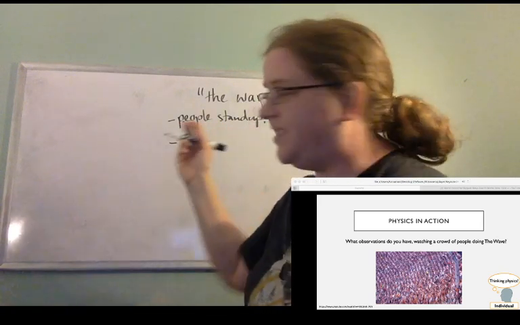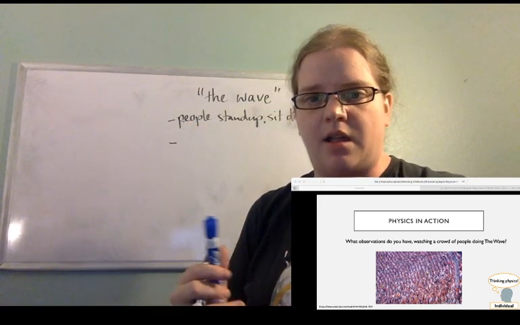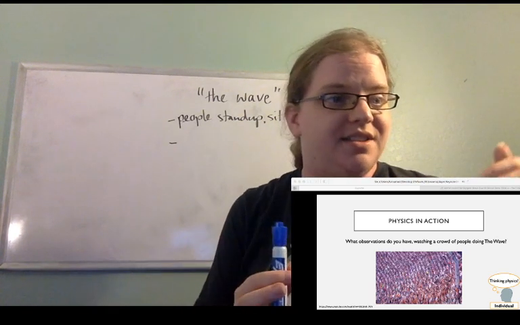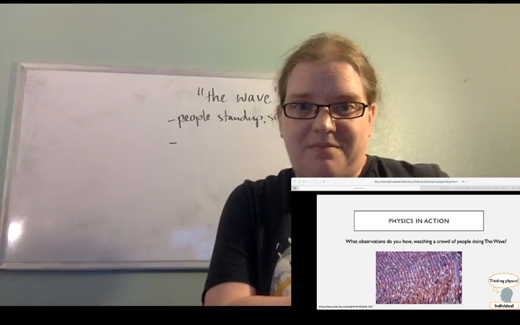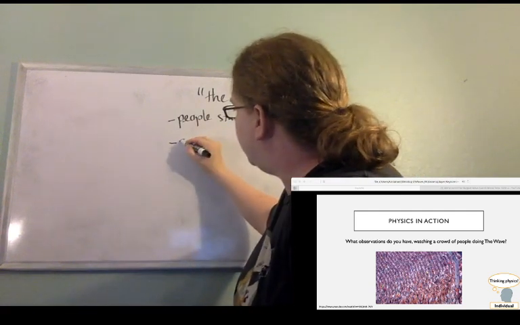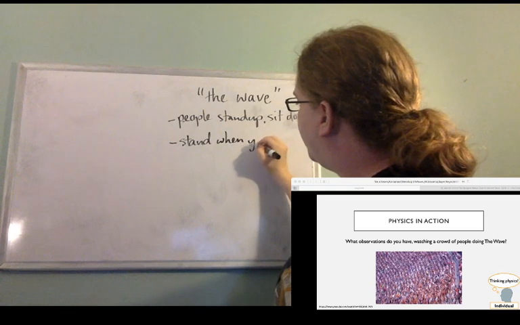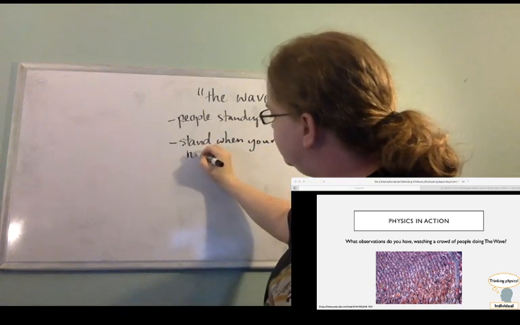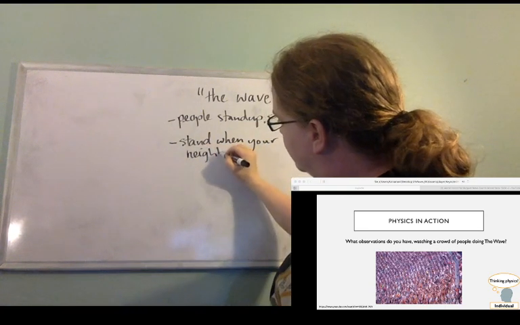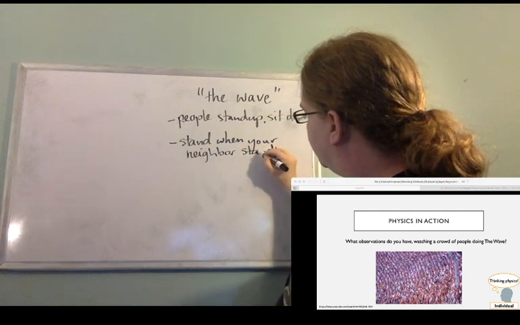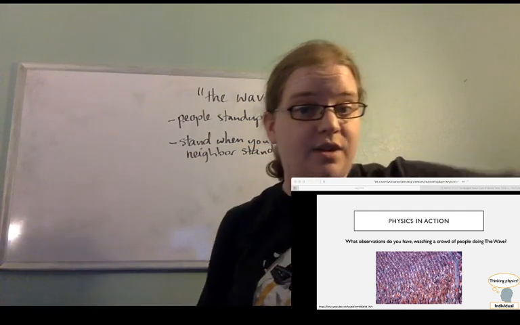So if you're sitting in the stands and you're like, when do I stand up? You know when to stand up because the person next to you has stood up, right? So you stand when your neighbor stands. Right, so you can see it coming.